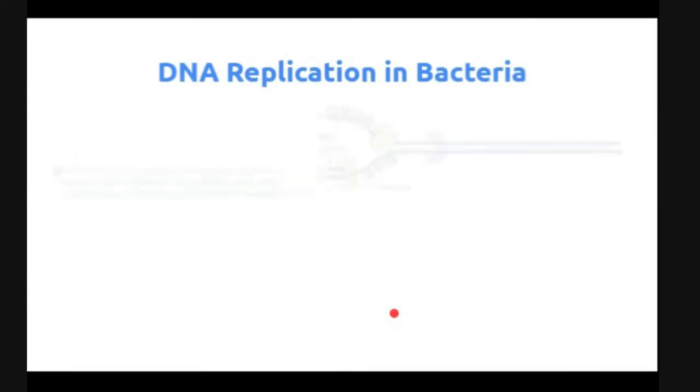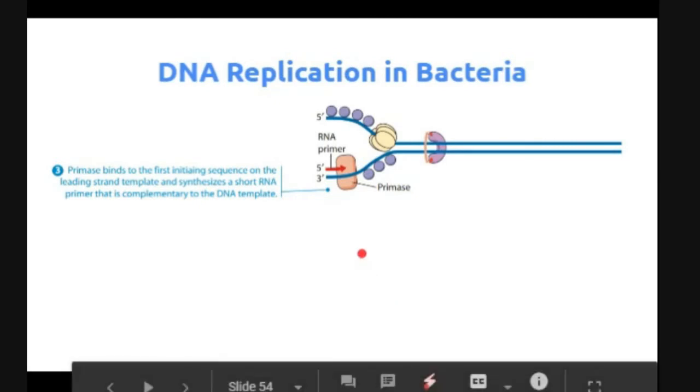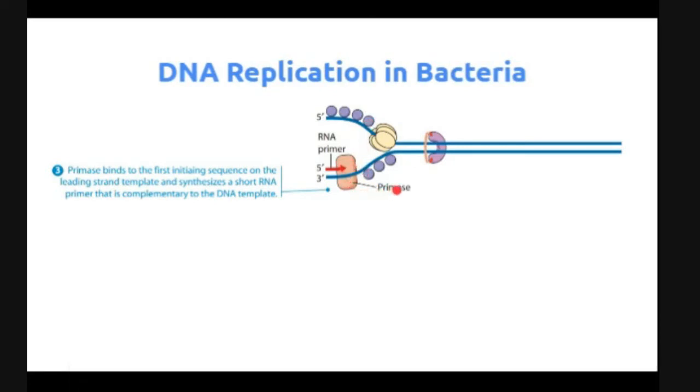Okay. Next, to initiate your DNA replication, you have your primase. And your primase synthesizes an RNA primer. And RNA primer is usually 10 nucleotides long. And this marks where your DNA replication starts. Okay.